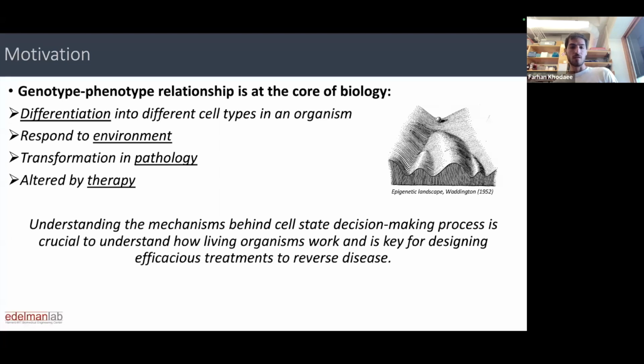So understanding this phenotype and genotype relationship is very important to understand the decision-making process in cells. And that could be really important for understanding biological phenomena and also, hopefully, designing therapeutics.